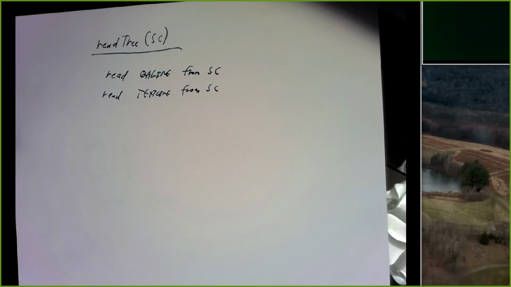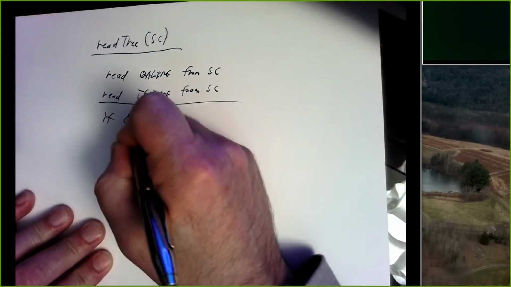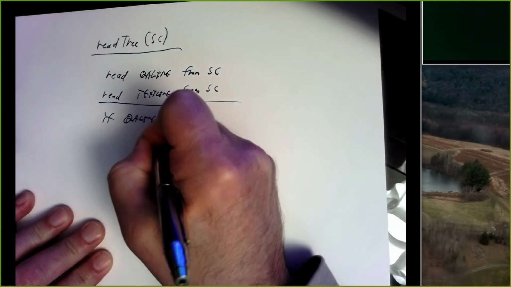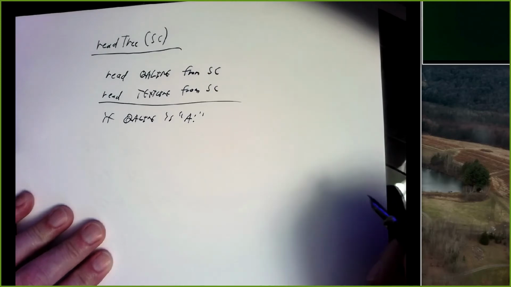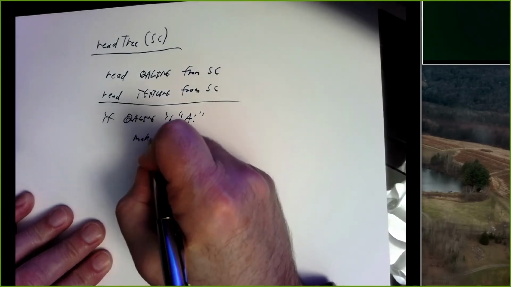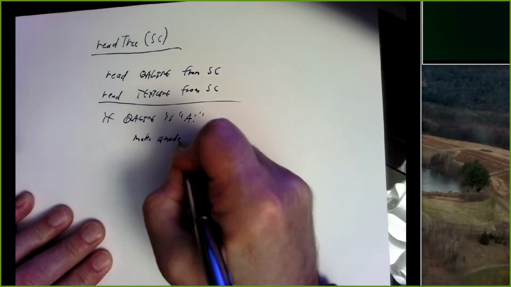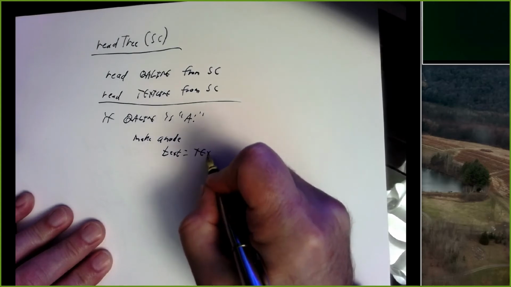All right, and so now we do the following. If QA line is A, if it's an answer, then make a node with text equal to whatever the text line was.